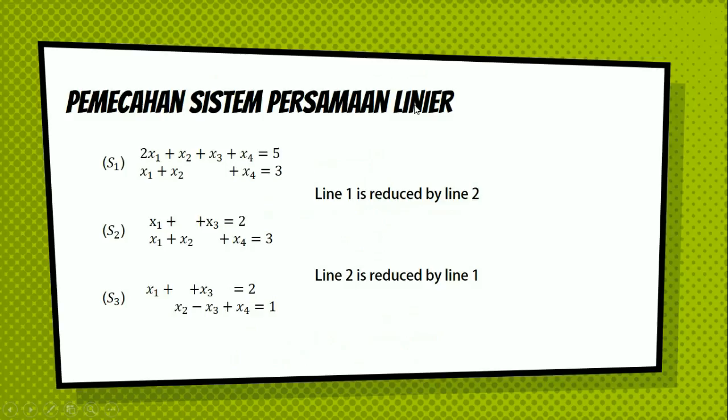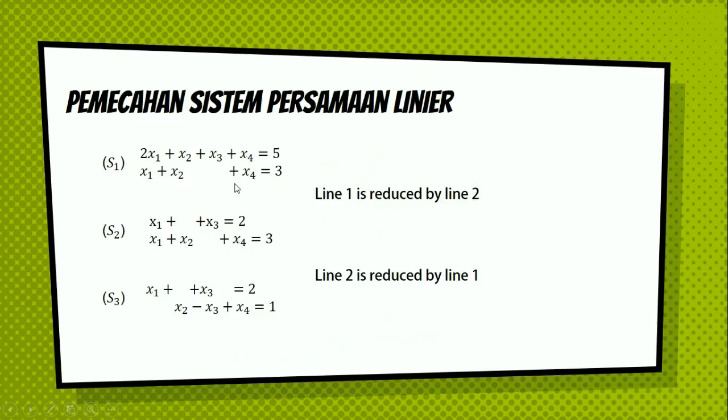So this slide is talking about how to solve linear equations. For this example, we have two rows. How to process: we have this condition, line 1 is reduced by line 2.